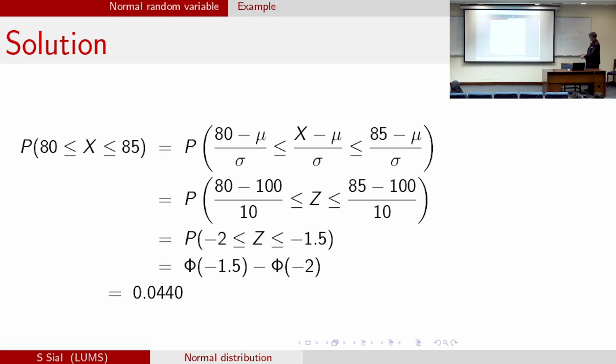Now, how do I calculate the probability that z lies between a and b? Well, you take the CDF of b and you subtract the CDF at a. And then if you look that up in the table, you'll get this number. All right, is that all right?